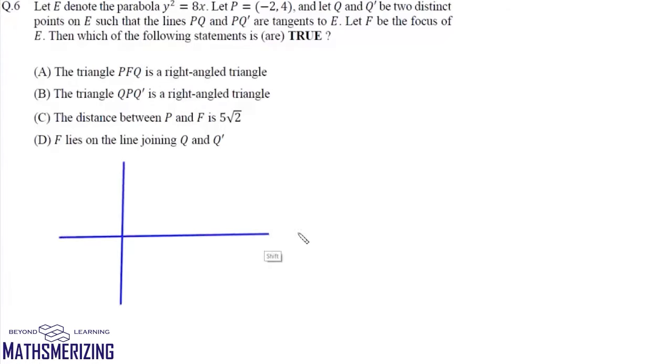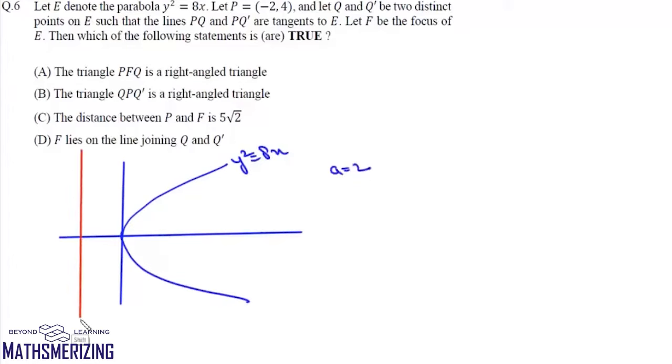Now the question is, we are given a parabola y square equals 8x. So we have this parabola y square equals 8x. For this parabola, the value of a is 2, and we have the directrix at x equals minus 2 and the focus at (2, 0).